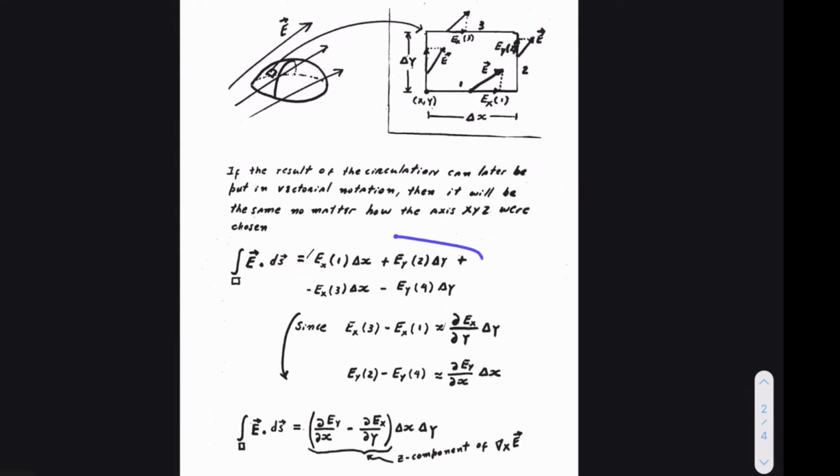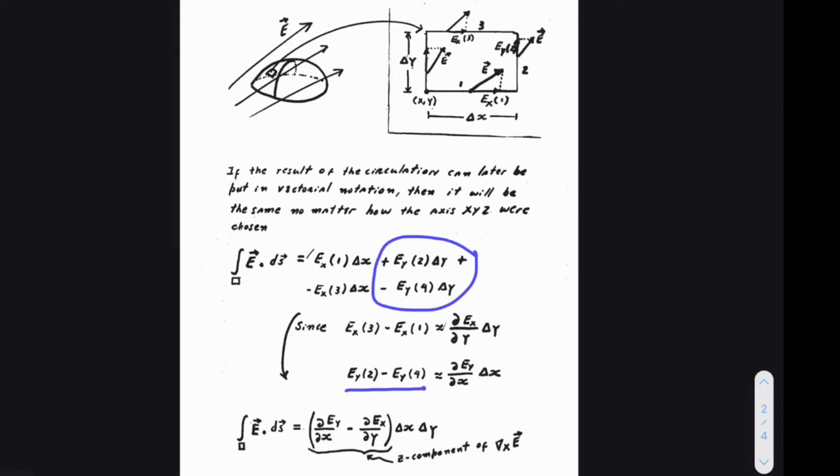Now, to get an insight about this result, let us consider these two parts separately. Let us consider this portion first, and if we take delta y common, we'll have E_y2 minus E_y4. Well, what is this thing?